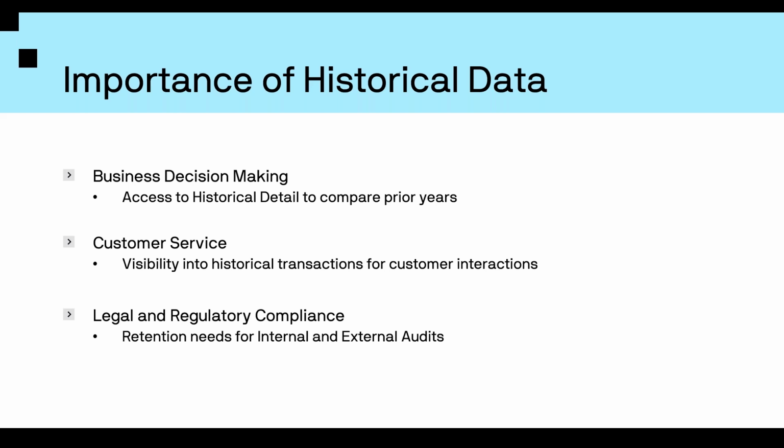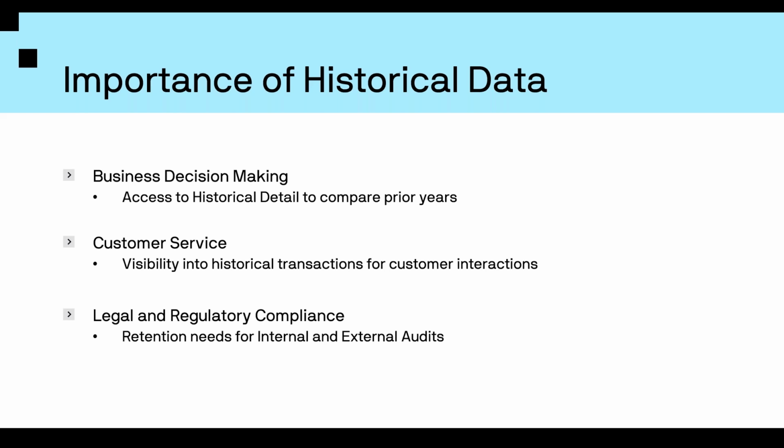And the other big one that we hear commonly here at E1 is the legal and regulatory piece to it. Commonly in the United States, you hear, we need to retain 7 years of history for internal and external audits. But that can change quite a bit depending on the industry that you're in.